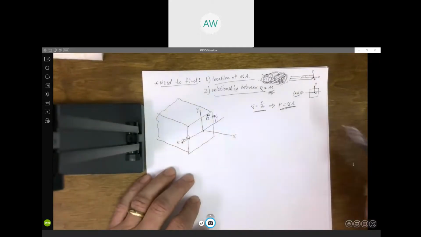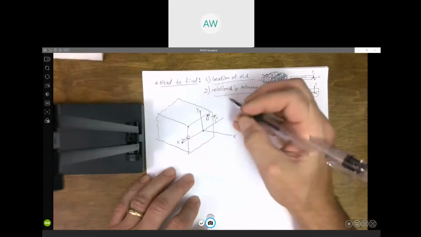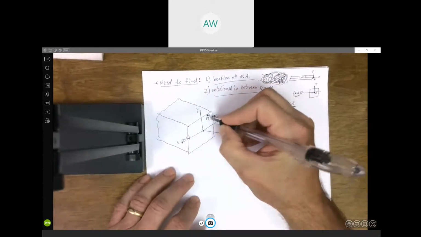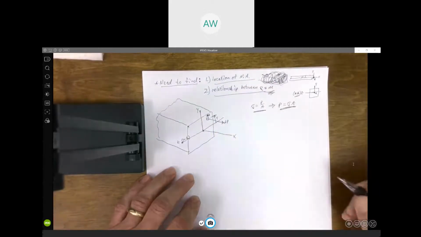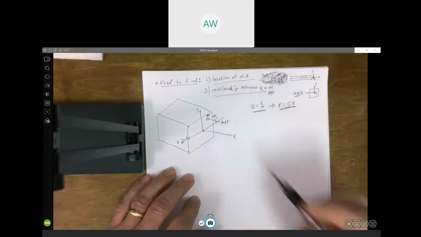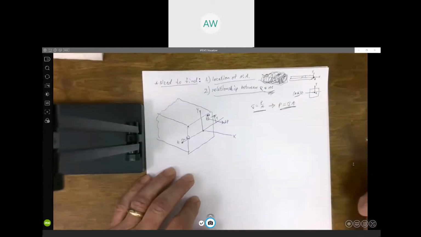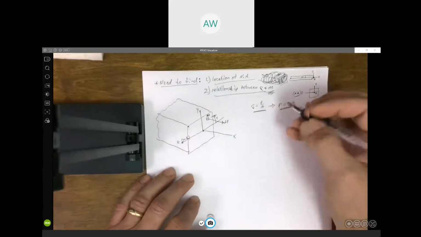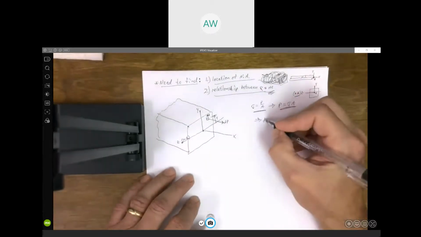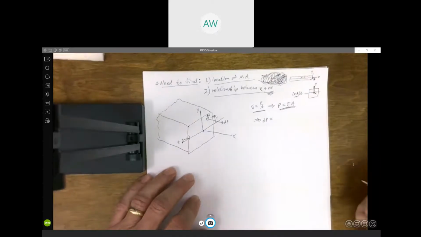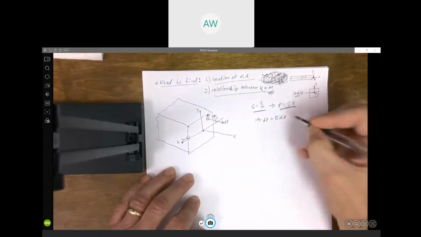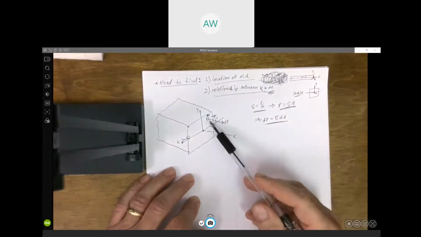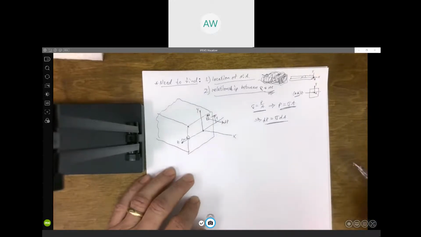We can get the force by taking the stress and multiplying times the area that it acts over. If we look at this little differential area, there's going to be some differential force, we'll call it dP, acting on that little differential area. So that little differential force dP must be equal to the normal stress times the area it acts over, dA.